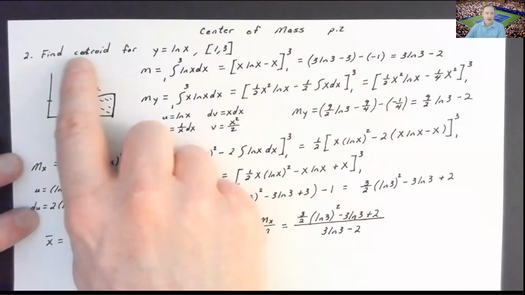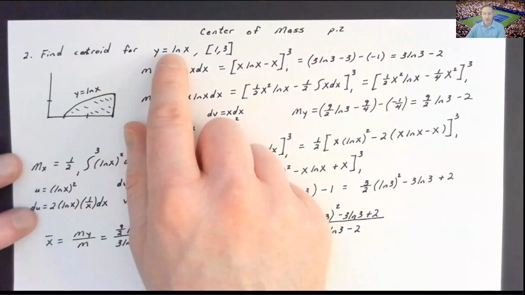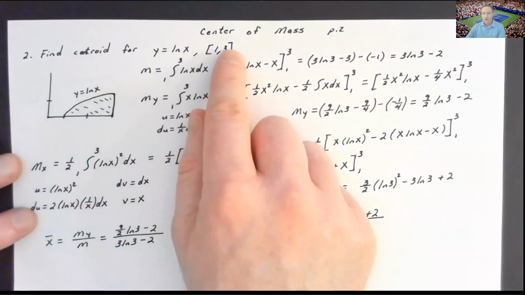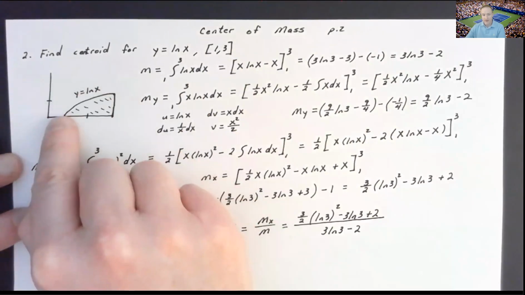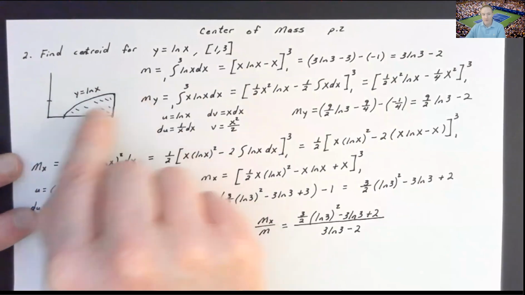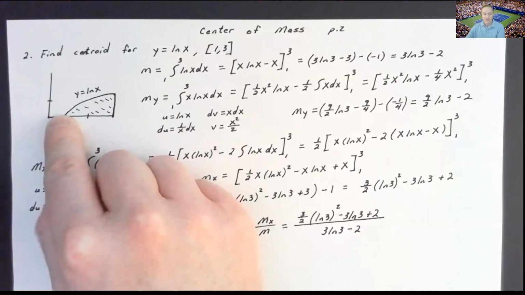For this one, I'm asking you to find the centroid under the natural log function from 1 to 3. So I specifically want the region above the x-axis, and I want to find the center of mass of that region. It starts off here, we know the natural log of 1 is 0.